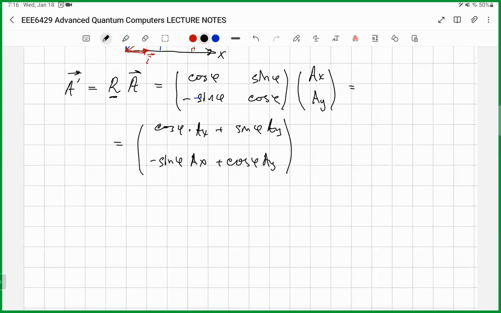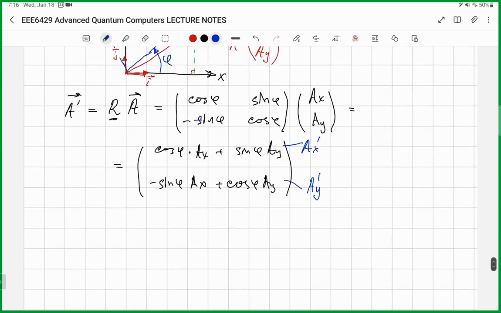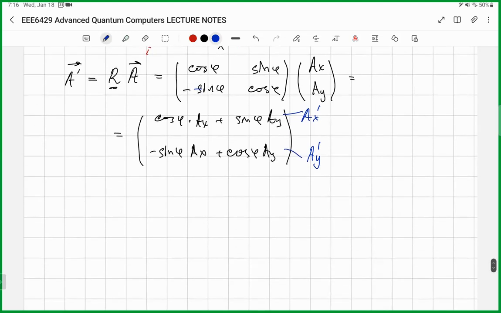So this is the result. This is basically the ax prime, and the second element is ay prime.